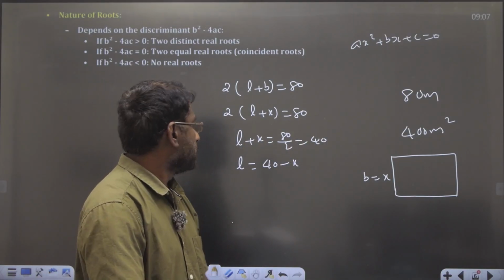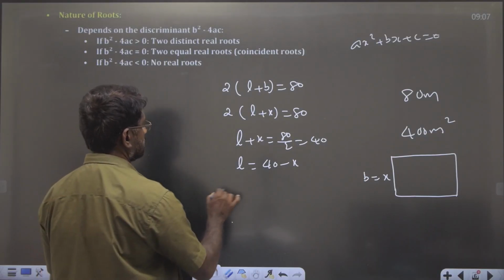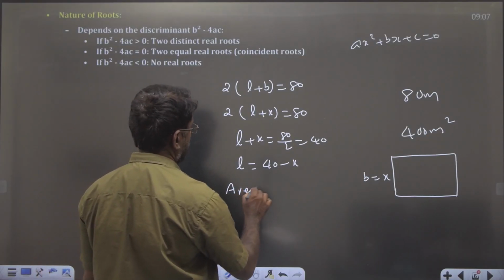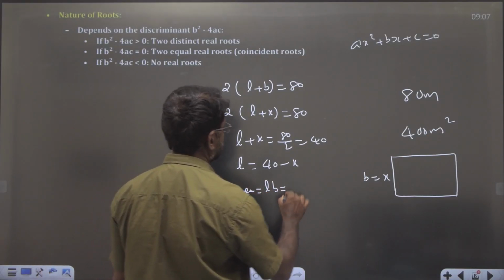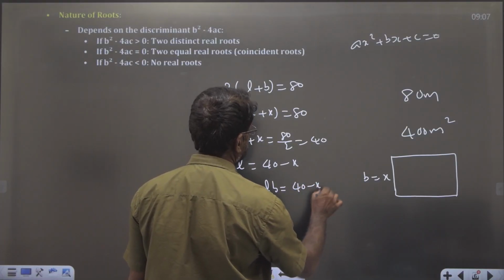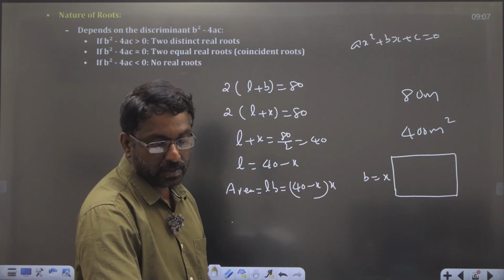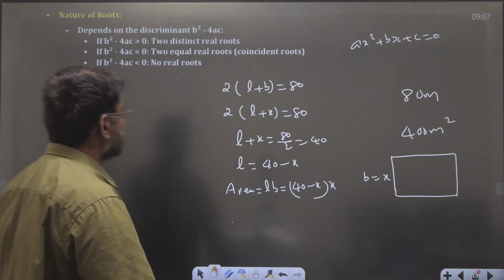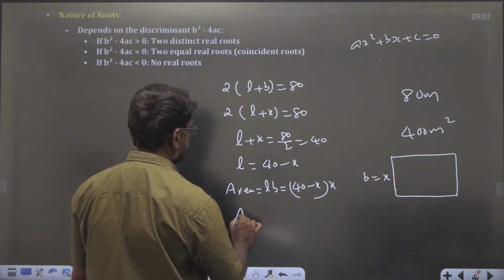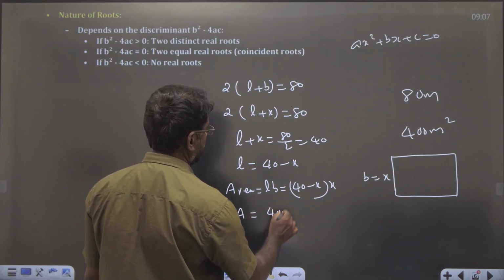Then what is the area? Area is equal to L into B, that is 40 minus x into x. Already the area is given, that is 400.